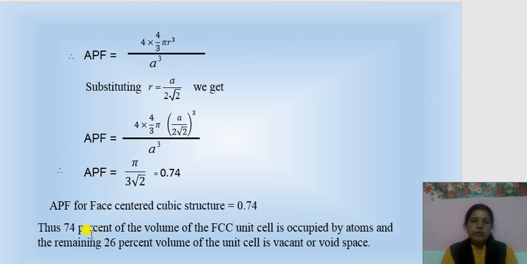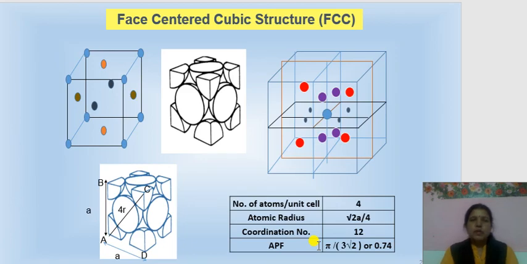This is face centered. In short, number of atoms per unit cell is 4, atomic radius is root 2a by 4, coordination number is 12, and atomic packing fraction is 0.74 or 74%. Summary of these characteristics: simple cubic, radius a by 2, atoms per unit cell 1, packing density 52%, and coordination number is 6.